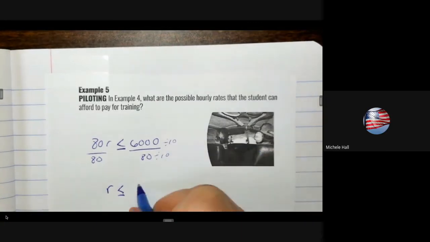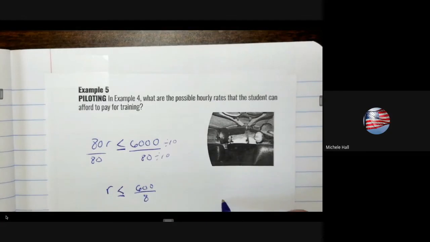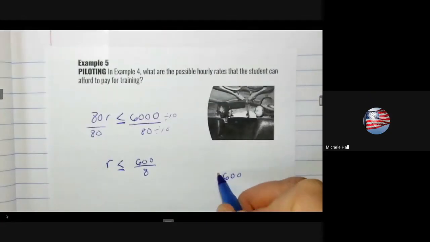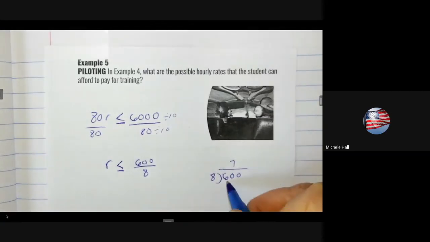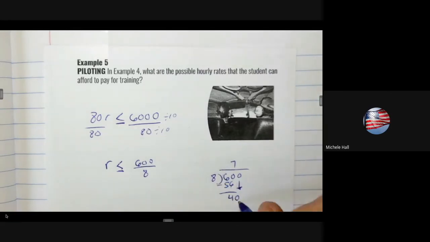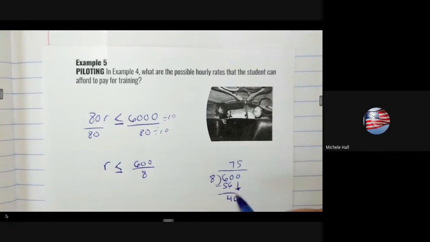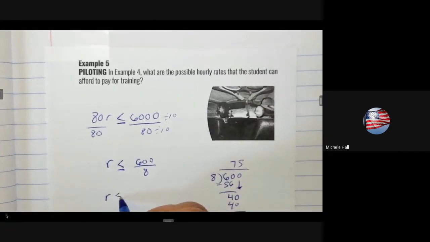And we'll get 600 divided by 8. So let's do that math. 600 divided by 8. 8 goes into 60 7 times. Bring down the 0, 40. We get 8 into 40 is 5. Works out evenly. So R would have to be less than or equal to $75 per hour.